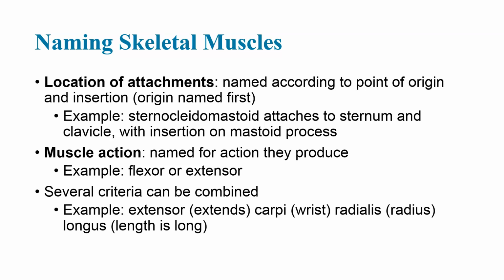Right, it's going to be flexing the digits. Sometimes several criteria can be combined. So the extensor carpi radialis longus muscle: extensor means that it extends, carpi means wrist, radialis means radius, and then longus means that it's a long muscle.